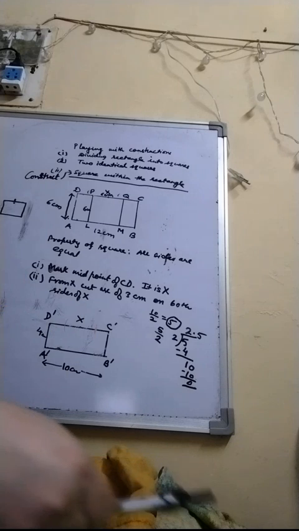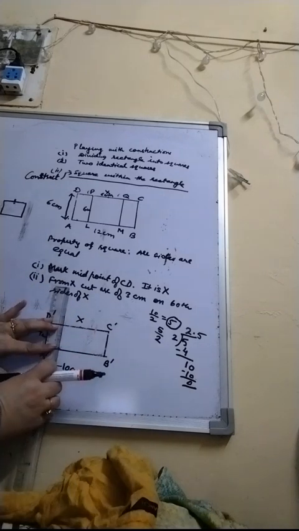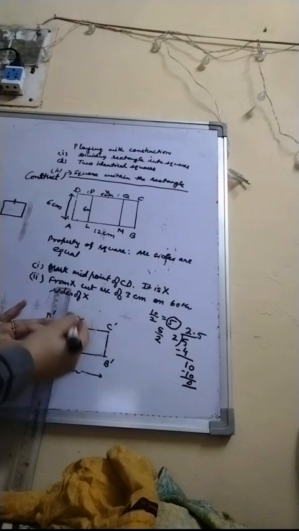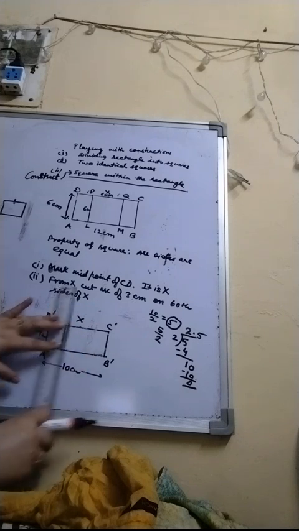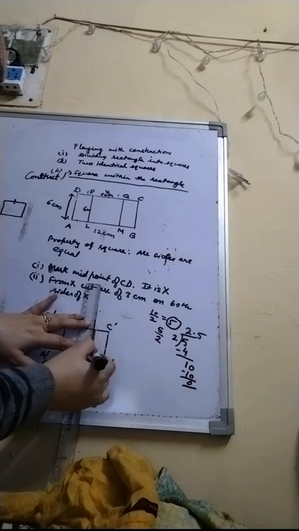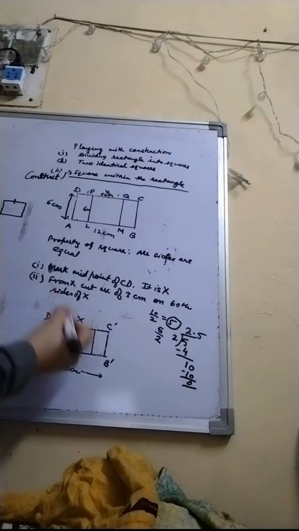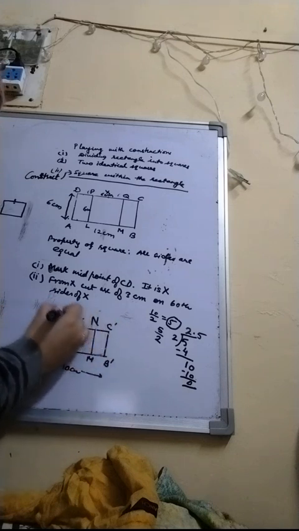So this is the arc. Now simply draw a vertical line through this point like this, and a vertical line through this point like this, and name it LMNO.